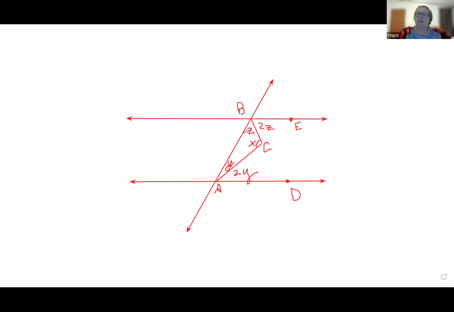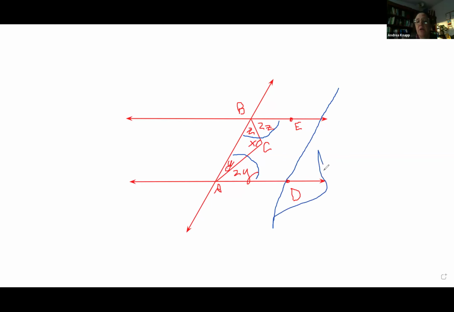It's 180. Okay, so we don't have a full parallelogram here, but we have half of a parallelogram. We've got these opposite sides that are parallel, and if we put on another parallel line right here, you could see that we had a parallelogram. So this is always going to be true. Whenever you have parallel lines cut by a transversal, these two adjacent interior angles will add up to 180.